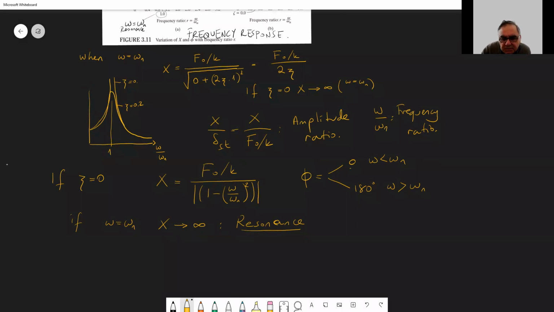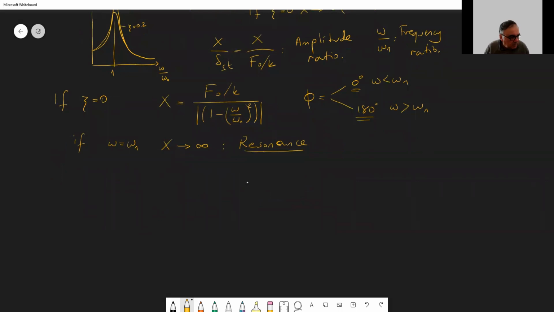Now, what does this mean? Let me just try to explain this. This is 0 degrees and 180 degrees. When phi is equal to 0, let's say the yellow is F0 sine omega t, and the red is X sine omega t.